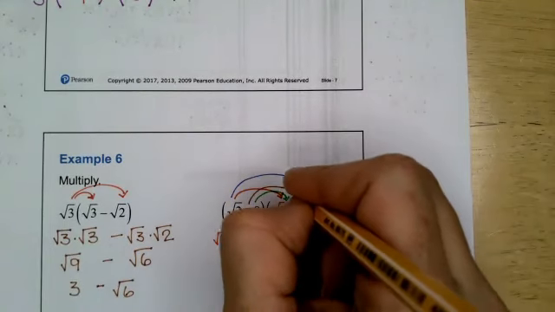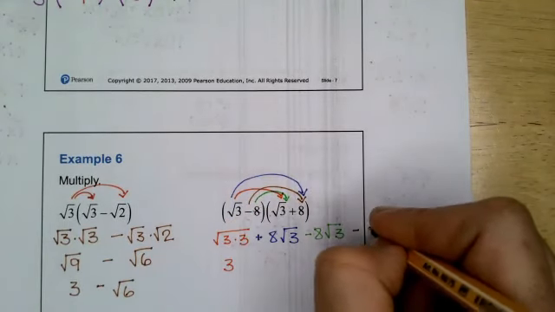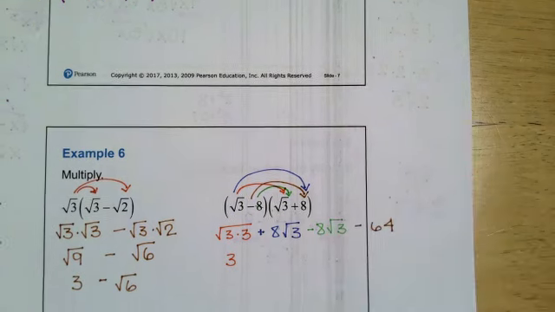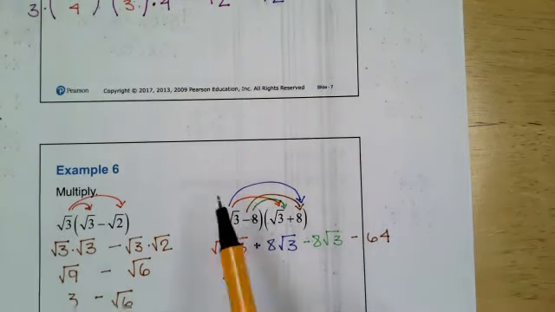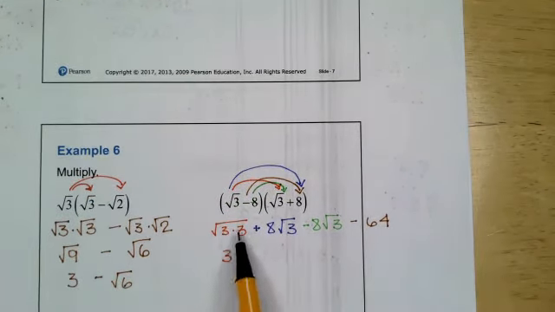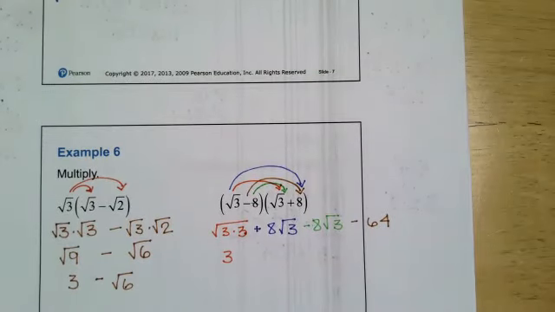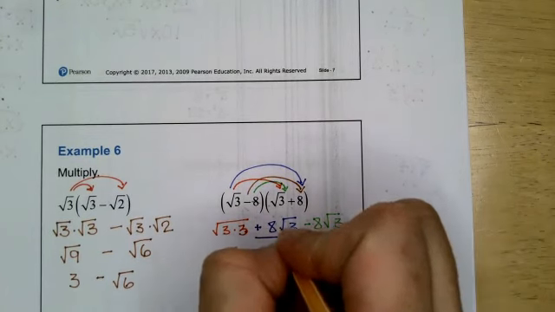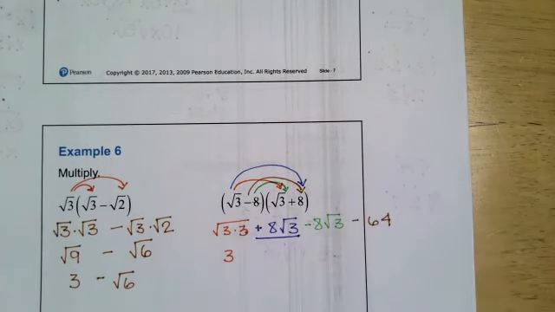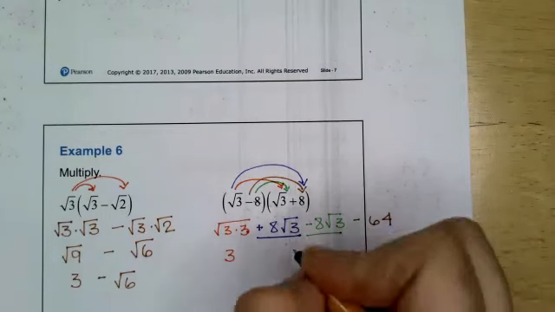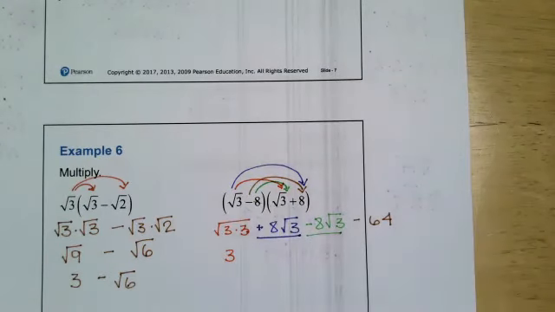Then we have a negative 8 times a positive 8 is a negative 64. Good. And then we can simplify it just like we simplified the square root of 3 times 3 is 9, square root of 9, which is 3. Then we have a positive 8 square root of 3, and we have a negative 8 square root of 3. So those cancel each other out, leaving you with nothing.